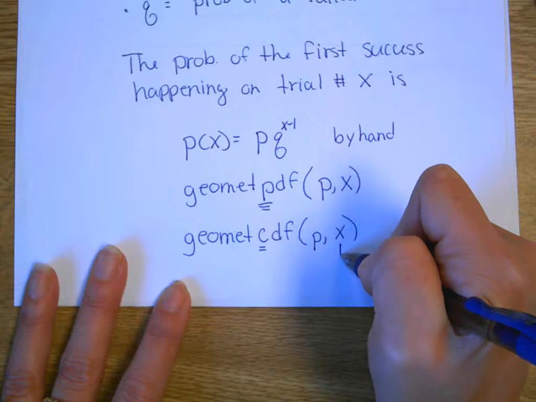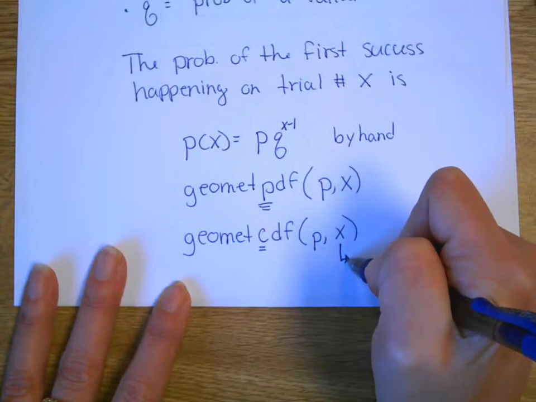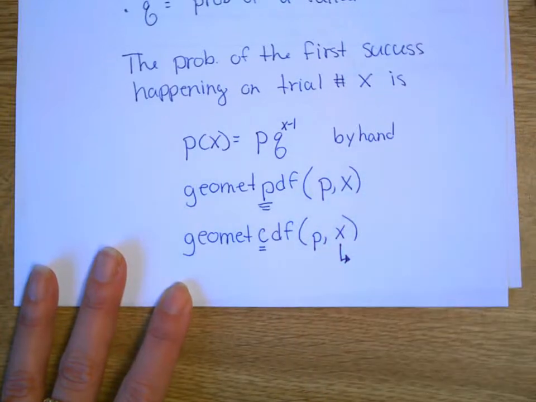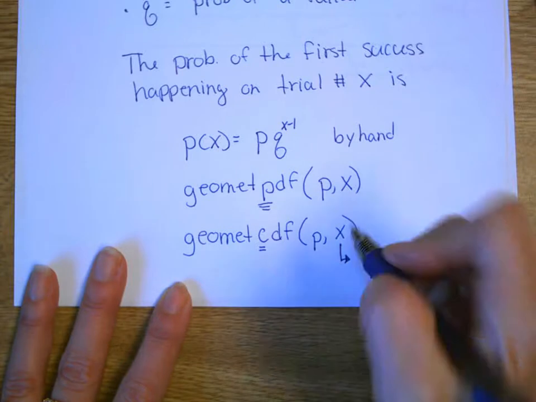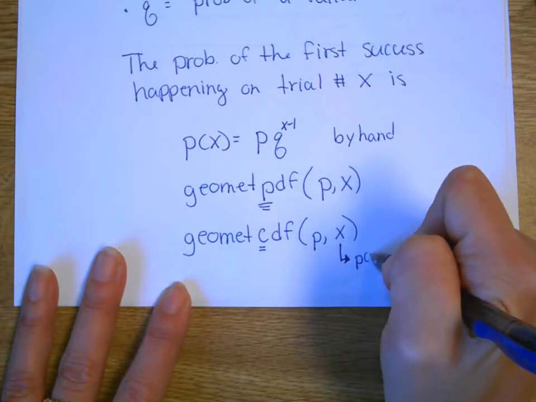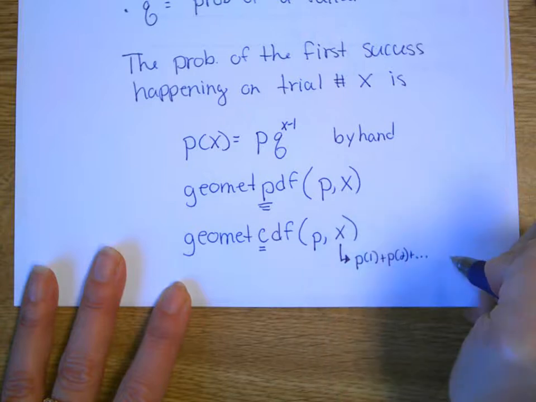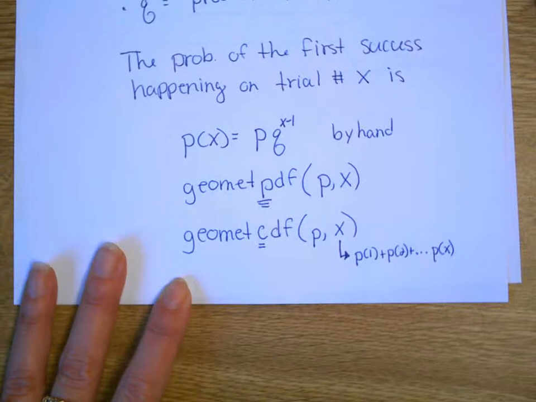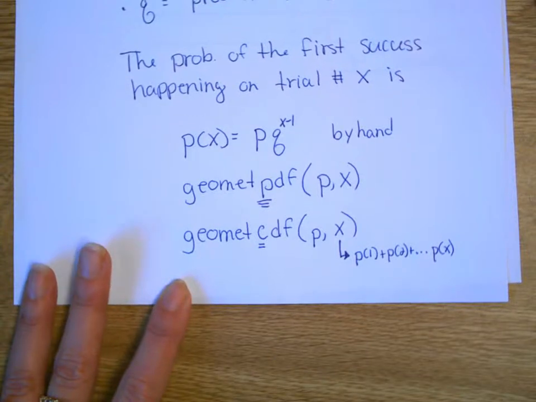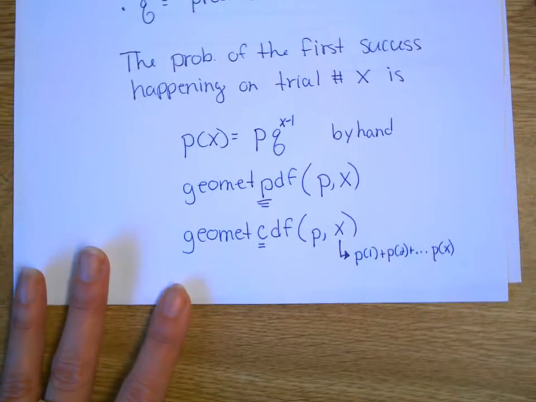Where is it going to start at? What's the smallest trial number of the success? Trial number 1. I have to actually try 1. So it's going to add P of 1, the first trial, P of 2, and it'll stop at and include whatever X number I put on there. Just like the binomial one did.